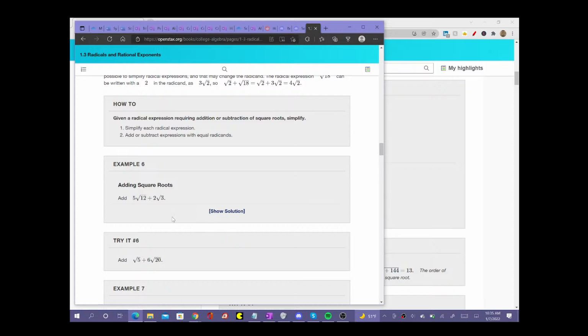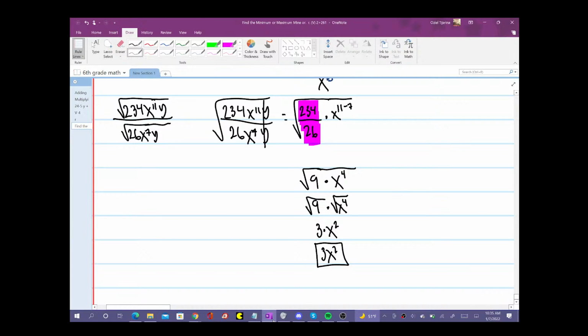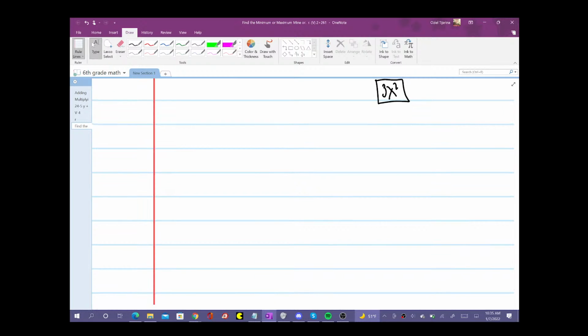So, adding square roots. What about adding square roots? Adding square roots is another important skill of algebra, so we must understand how to add square roots.